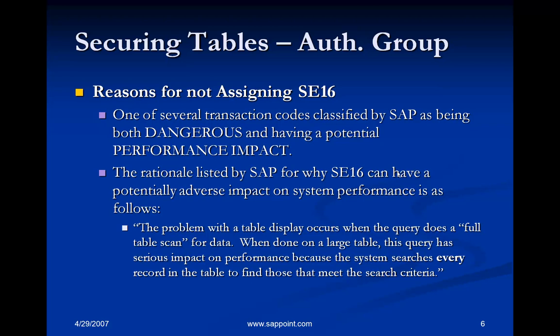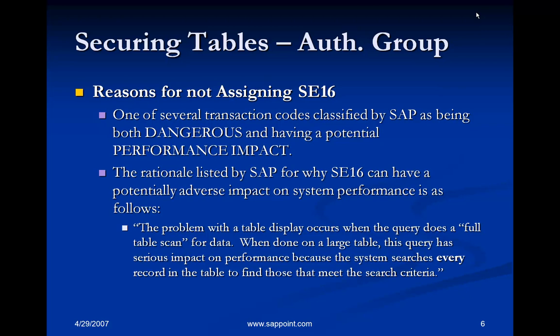SE16 is one of the several transaction codes classified by SAP as being both dangerous and having a potential performance impact. The rationale listed by SAP for why SE16 can have a potentially adverse impact on SAP system performance is that the problem with the table display occurs when a query does a full table scan for data.